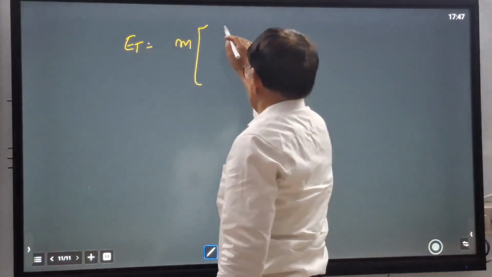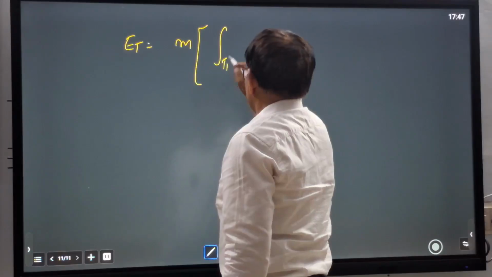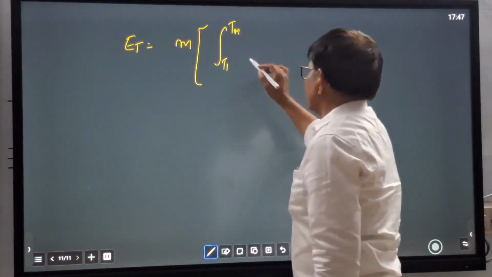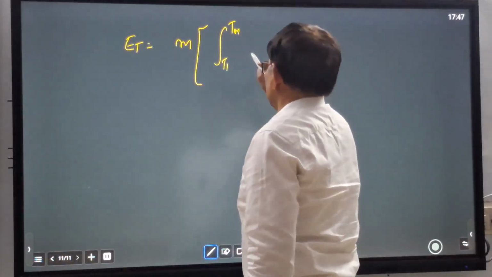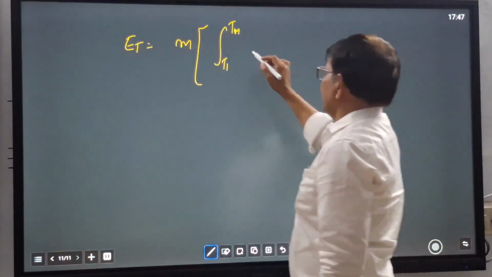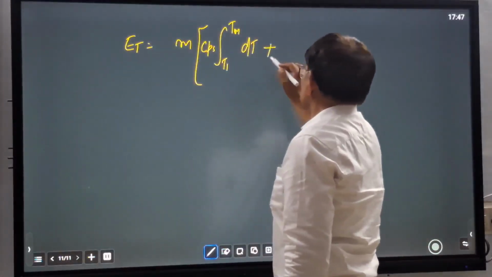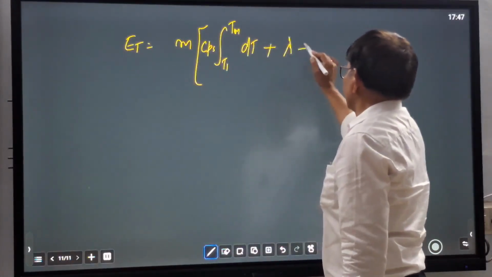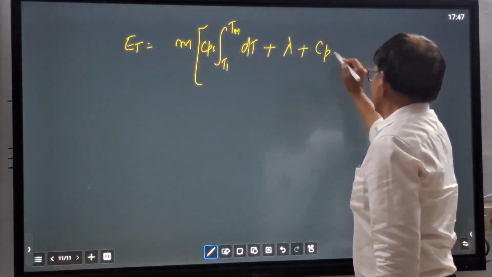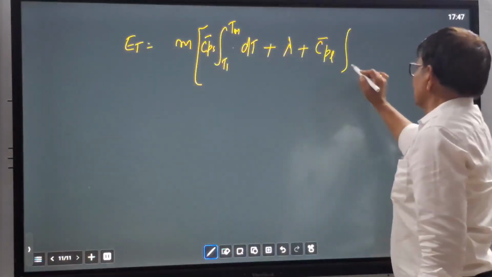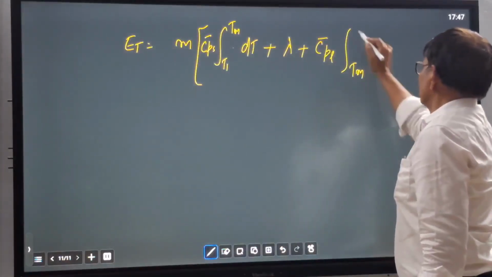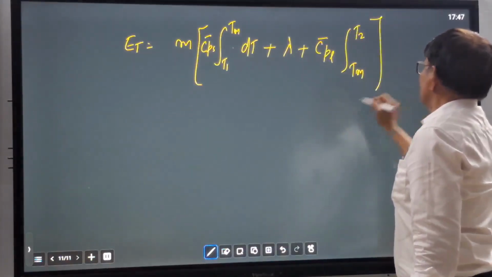How much energy is stored? The integral from T1 to Tm of m Cps dT, plus lambda, plus the integral from Tm to T2 of Cpl dT. This is the total energy stored.